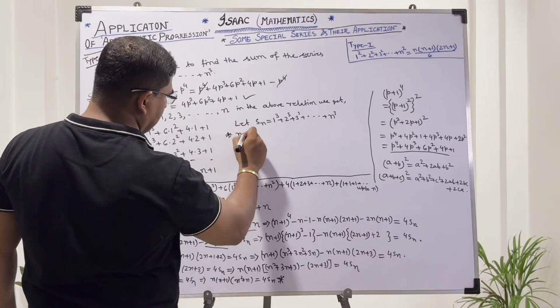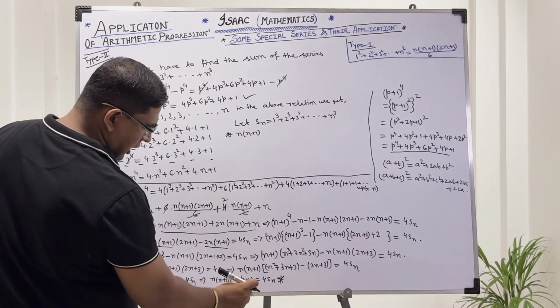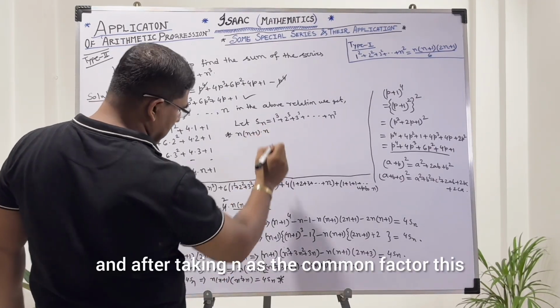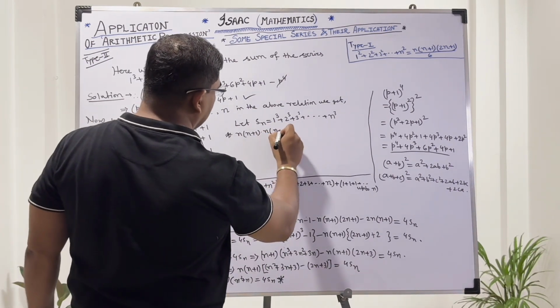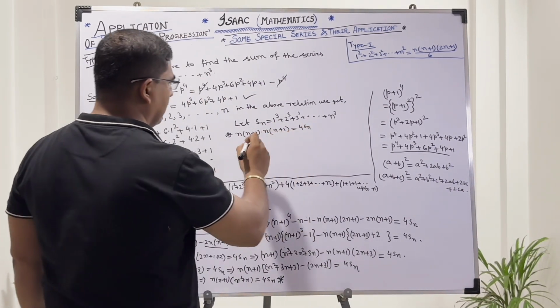Then we get n into (n plus 1). From these two, we can take n as the common factor, and after taking n as the common factor, this will give n into (n plus 1) equals to 4 times of Sn.